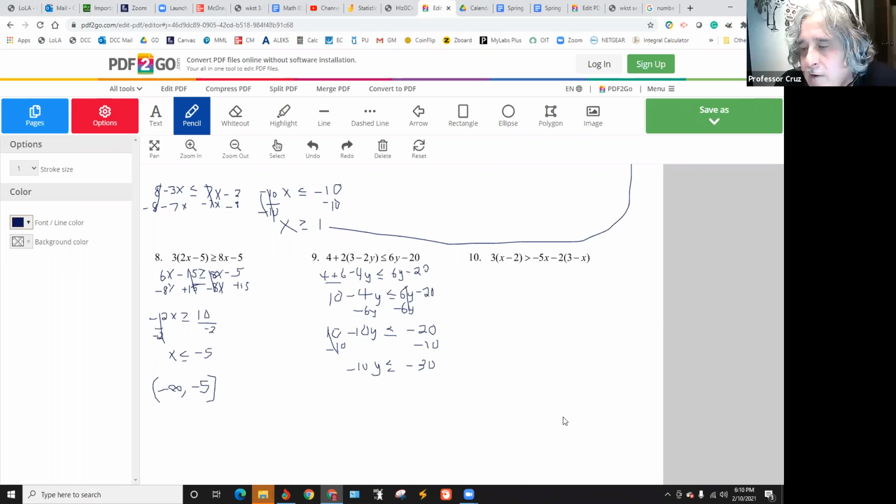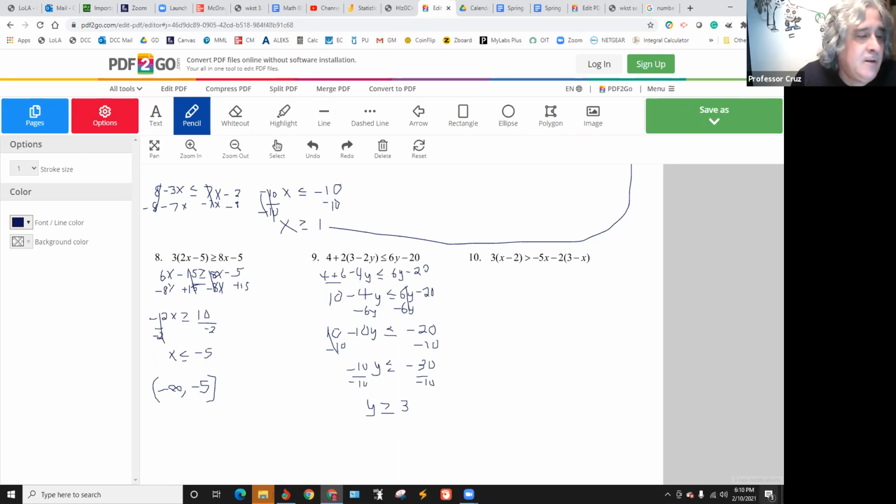You mean the final answer? What are you saying, that I made a mistake? So this is going to turn that around, because that number in front of the y, so that's y is greater than or equal to 3.